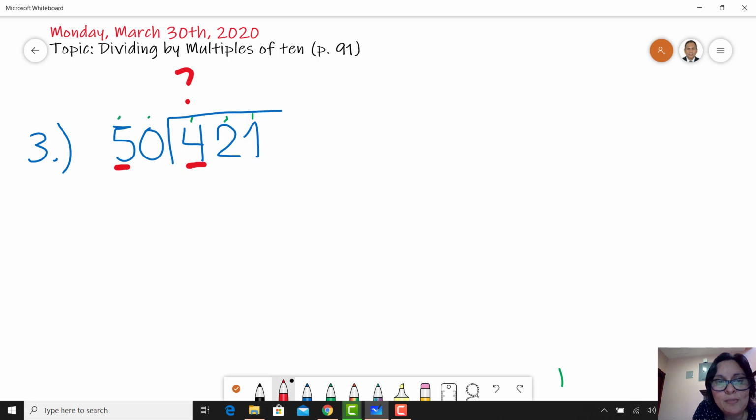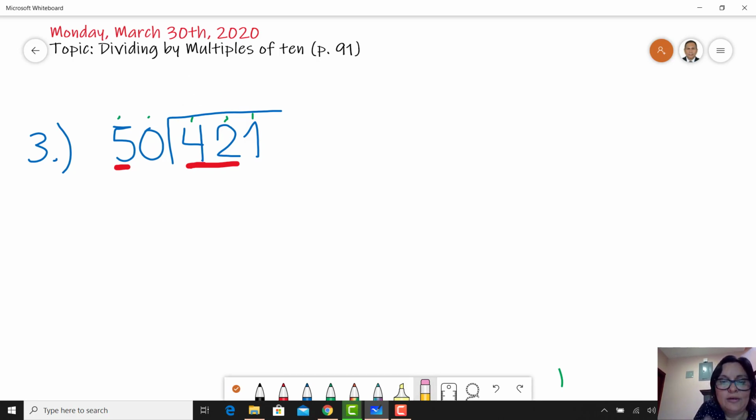No, because 4 is smaller than 5, so I have to use 42. In the timetable of 5, what number can be in the quotient that is 42 or close to 42? Number 8, right? Okay, let's try with number 8.